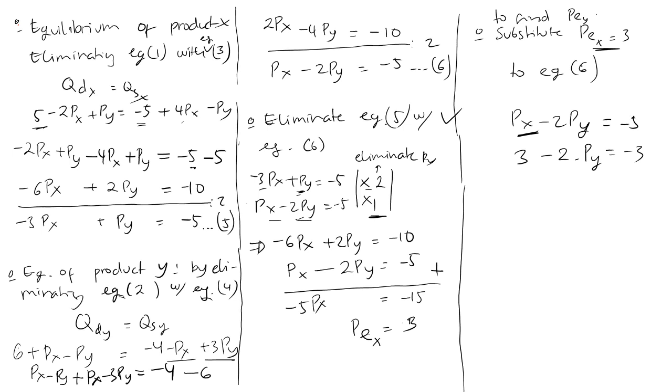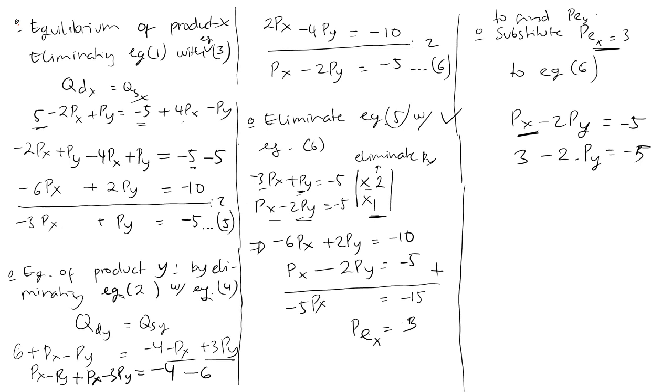Sorry, this is 5. Okay, 3 minus 2Py, and minus 5 goes to the left side.